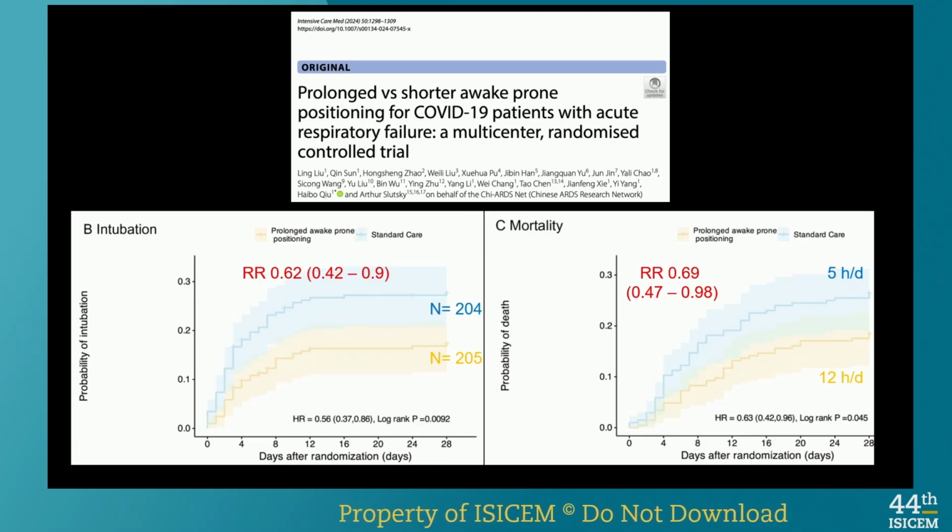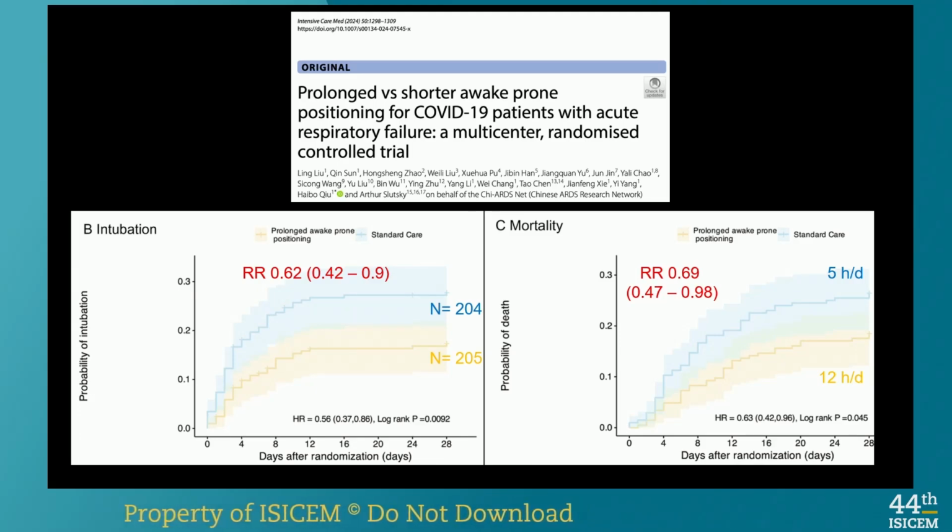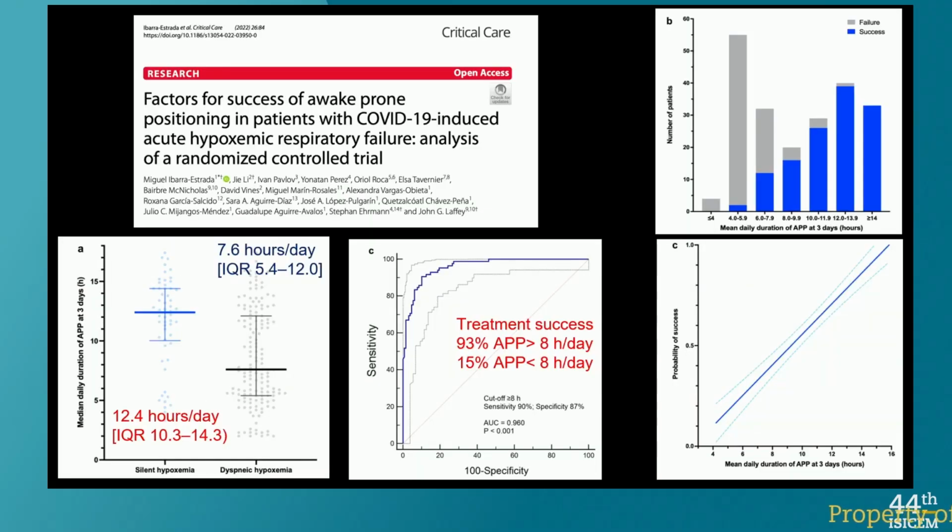And this is a very similar study, but again, a different population, just to show you that it's been reproduced across different populations. This is a prolonged awake-prone positioning, and by prolonged I mean 12 hours versus a short, about 5 hours. You can see a large difference in outcome.